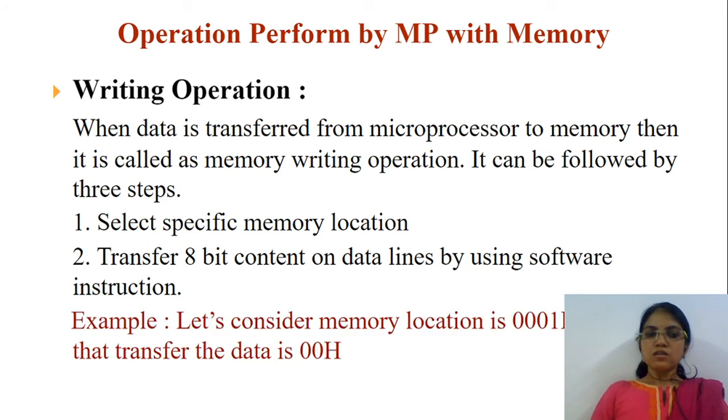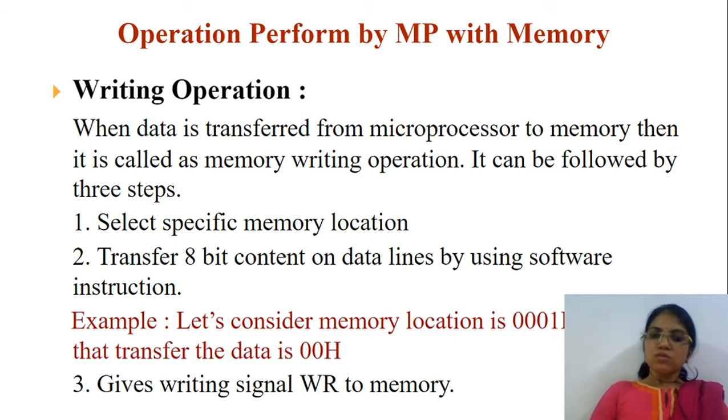And third step is to give the writing signal to the memory. Now we will learn one by one in all these steps how the operation is practically performed by the microprocessor with the memory, that is the writing operation. According to that, the first step is to select the specific memory location.